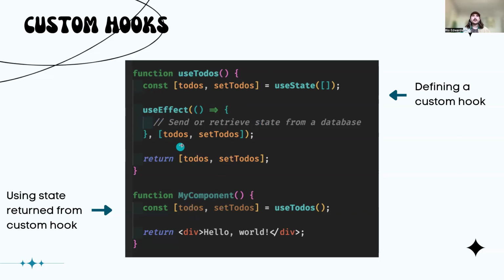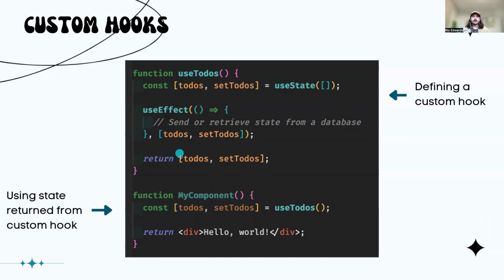So the custom hook allows you to encapsulate your complex state and hooks, pull it out of your component and put it into its own function. Now this hook is creating our to-do state, ensuring that it's synced up with a database, and then returning an array with to-dos and set to-dos.